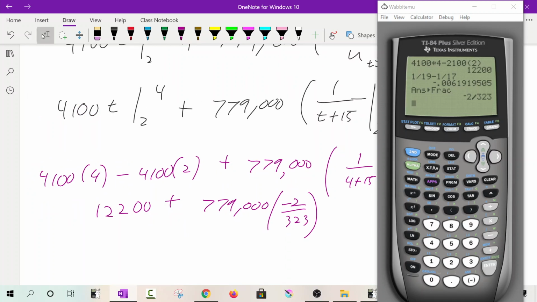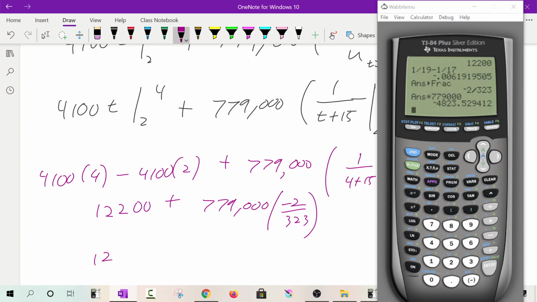And let's take that number and multiply it by 779,000. There we go. So we have 12200 minus 4823.529412. That really doesn't matter.